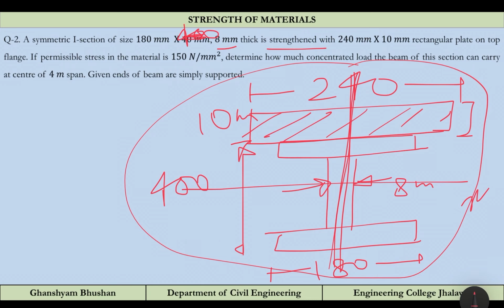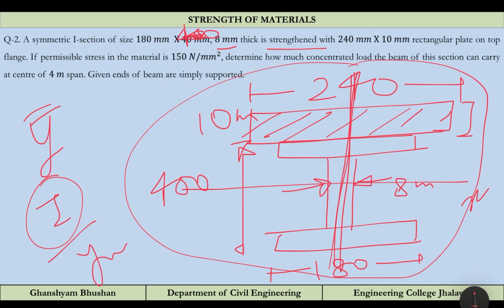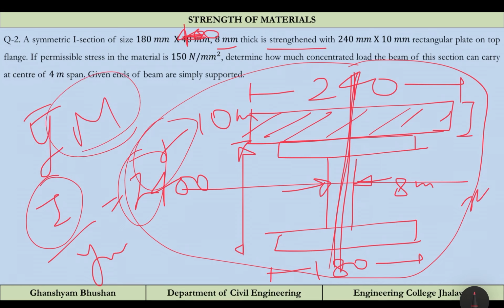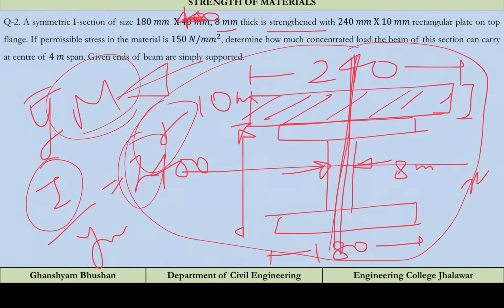So we have to calculate the centroid. After this, I by y max will give us Z, and multiplied by sigma will give us M. This M will be compared with the M coming to the beam due to external loading, and we will get the value of load.